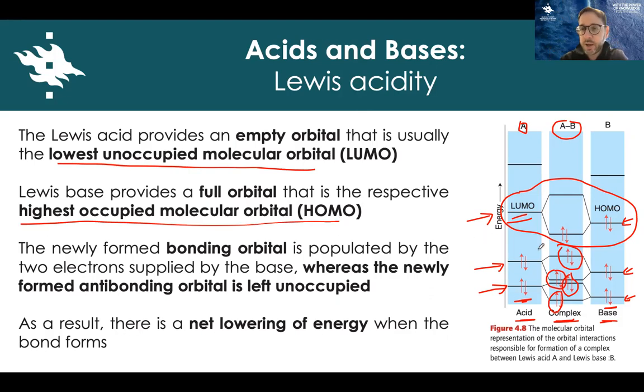So here the base has a lone pair, so it has a pair of electrons in the HOMO, and the acid, the electron acceptor, has an empty LUMO. So when these orbitals combine, 2 molecular orbitals are generated.